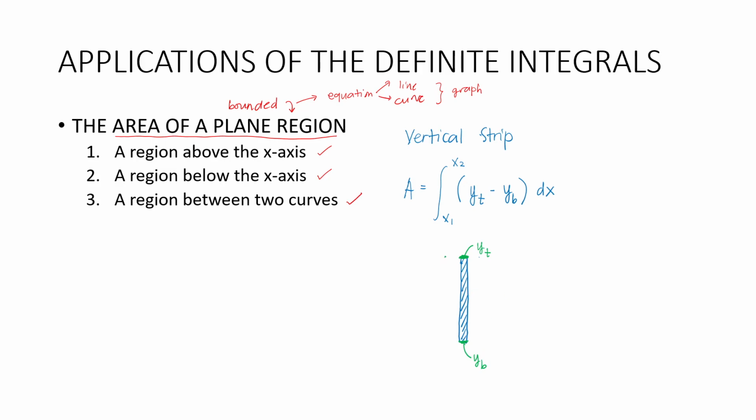The length of your vertical strip is y top minus y bottom, and the thickness is dx. So the formula is just length times width.